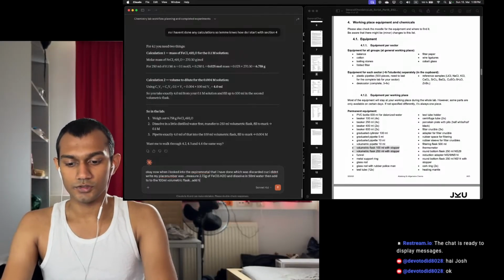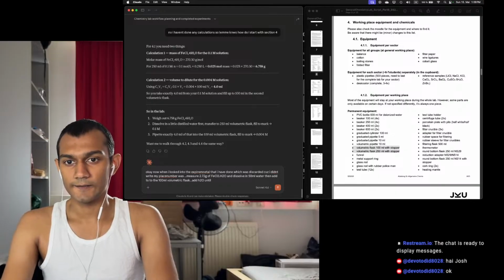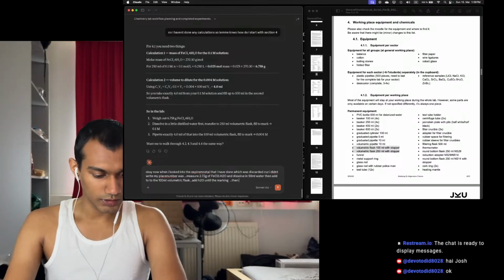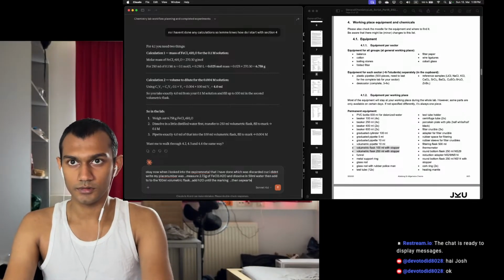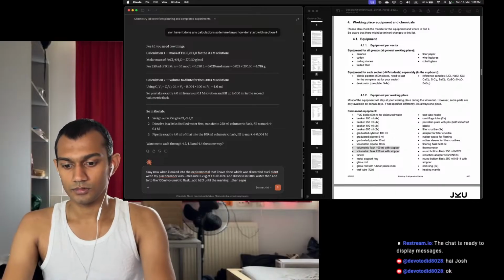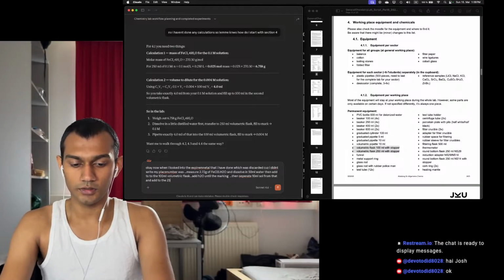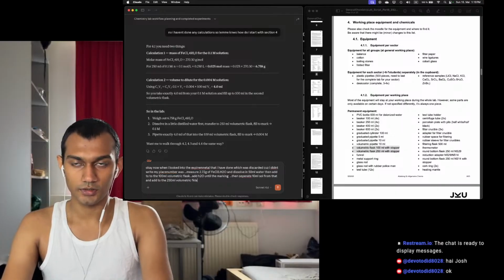Add H2O until the marking. Then separate 10 milliliter solution from that and add to the 250 milliliter volumetric flask.